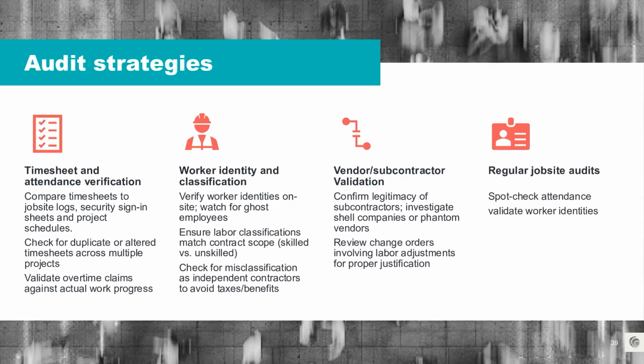Confirming the legitimacy of subcontractors and investigating whether or not you have shell companies or phantom vendors on your projects. And all of this can be done by doing regular job site audits. Again, reviewing the documentation throughout the project, performing site visits, spot checking attendance, and validating worker identity.